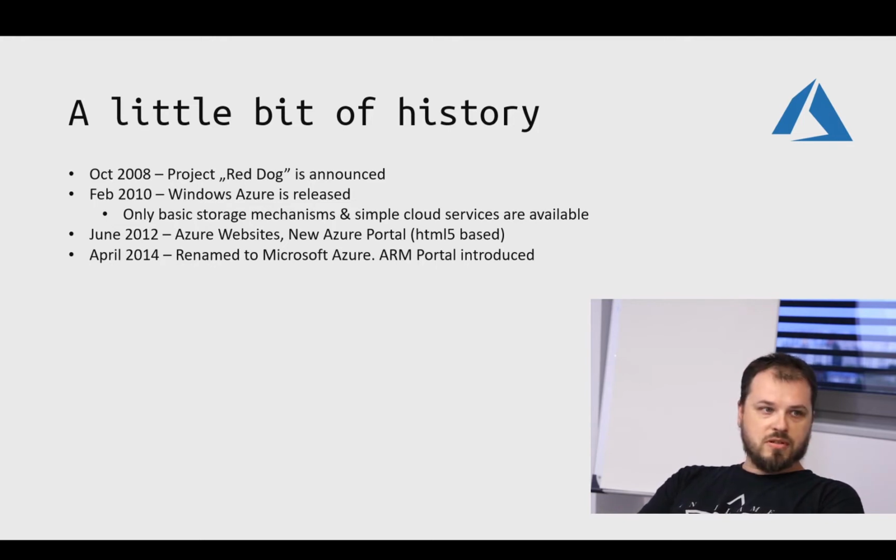The previous management application was actually written in Silverlight. And in 2012, with the rise of HTML5, the Silverlight application died. And in 2014, the portal was rewritten again, this time under a new resource management model called the Azure Resource Manager, ARM for short.